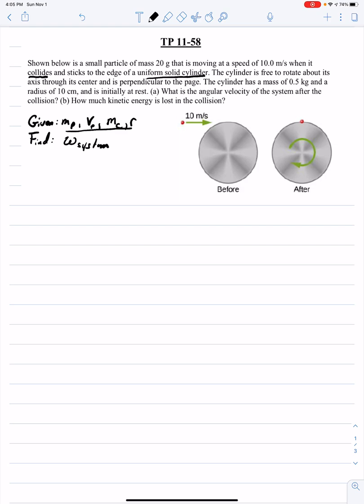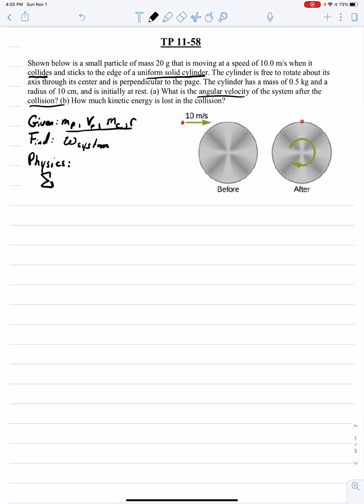Okay, so first thing, tackling this problem, physics. When you see that there's rotation involved, and it's asking for the angular velocity of the system, and there are collisions involved, notice the words collisions, angular velocity, uniform solid cylinder.